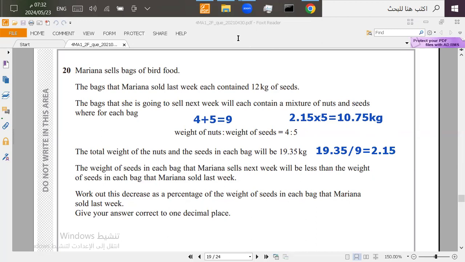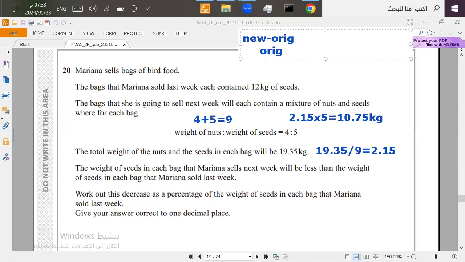For the percentage change, I like to do it as new minus original, because when it's decreasing, the answer will be negative.